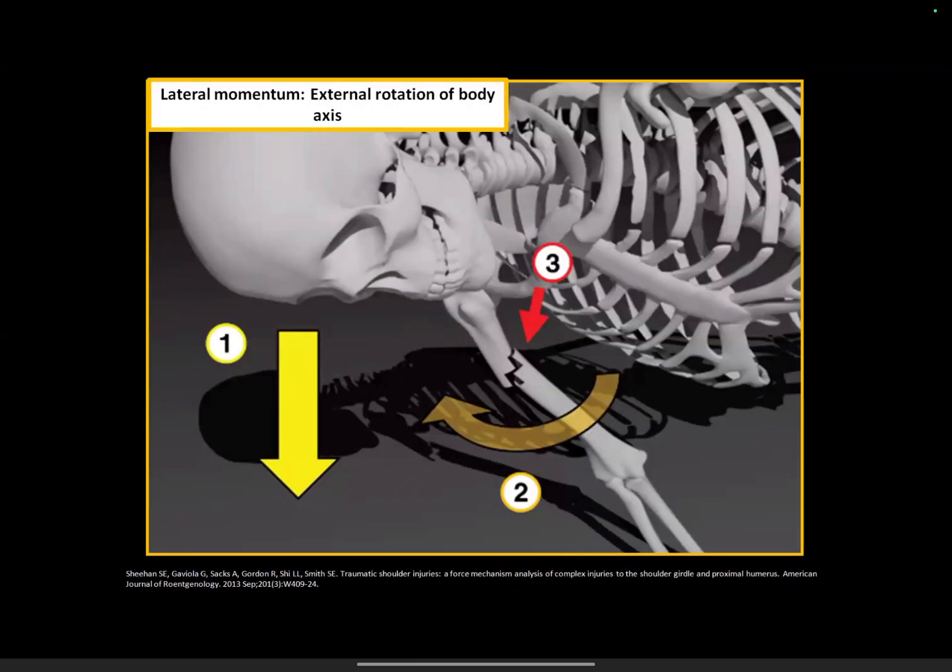All right, so touching base on some mechanisms of injury. Usually it happens when the patient falls on outstretched hands. For the spiral fractures or shaft of the humerus fracture, this happens when there is external rotation of the body in contrast to internal rotation of the humerus. And that's how the spiral fractures involving the mid shaft of the humerus occur.